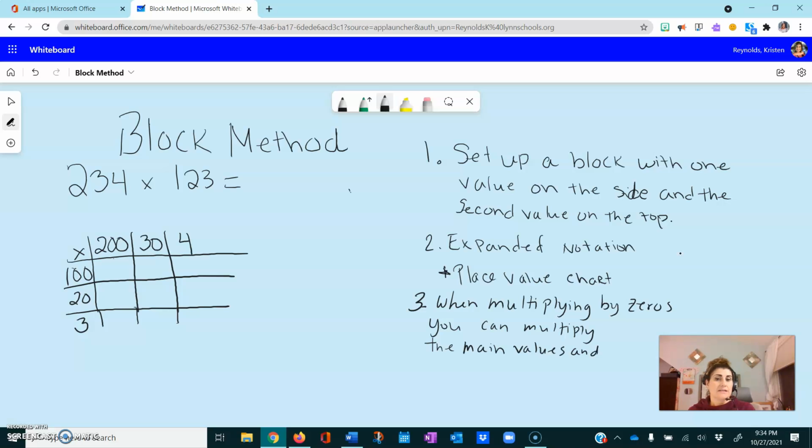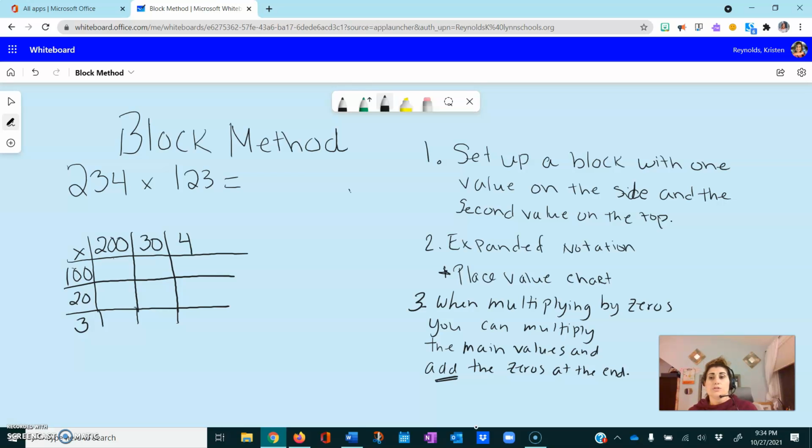And add the zeros at the end. Okay, so that will make a little bit more sense once we actually put in a couple of answers, all right?